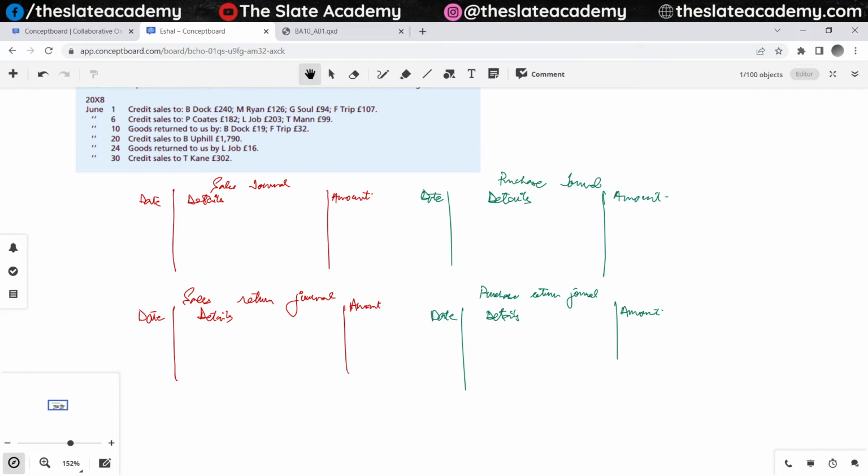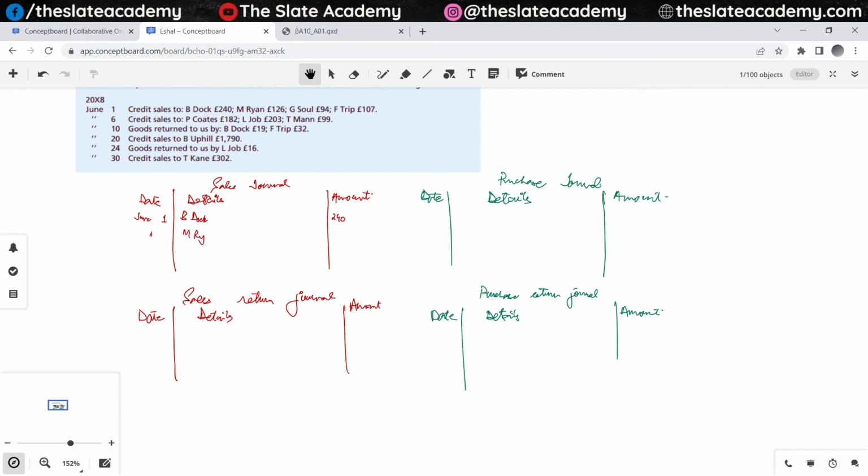Acha. So this would be credit sales to B Doc. So first I write B Doc. The date is June 1. B Doc, how much sales? 240. Is it 240? Yes, 240. Acha ji, then sales to M Rayan. Again, same date.